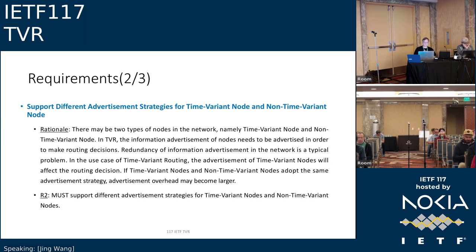Okay, the second requirement is supporting different advertisement strategies for time variant nodes and non-time variant nodes. As in previous slides, there may be two types of nodes in the network, namely time variant nodes and non-time variant nodes. In TVR, the information of nodes needs to be advertised in order to make routing decisions. Redundancy of information advertisement in the network is a typical problem.